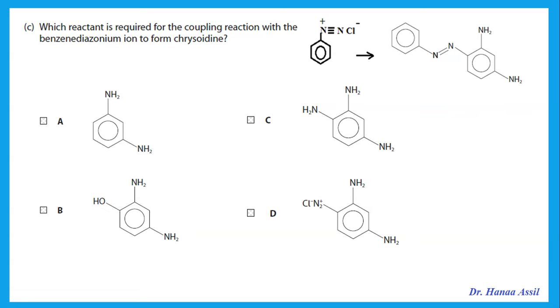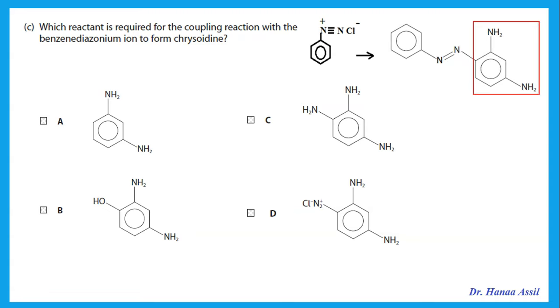Which reactant is required for the coupling reaction with the benzene diazonium salt to form that product? So the benzene diazonium salt, I want to react it with something to give that product. Now, what is extra in that product? That is the part that's extra, so that is the part that I'm going to react with.